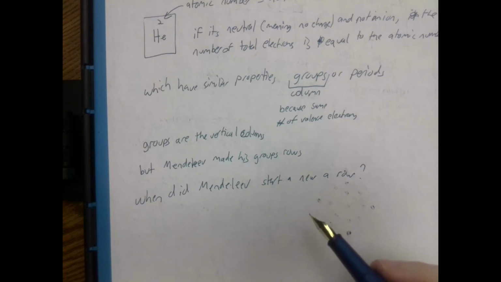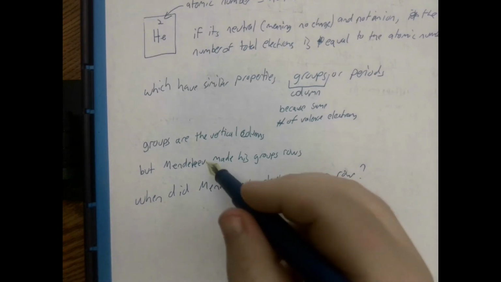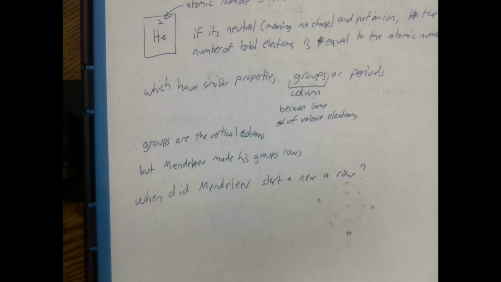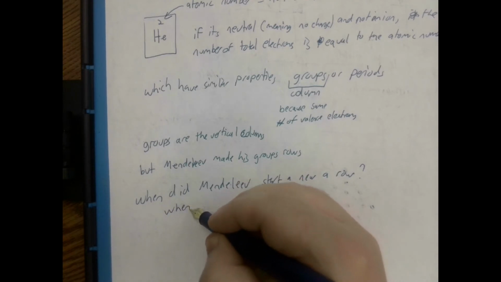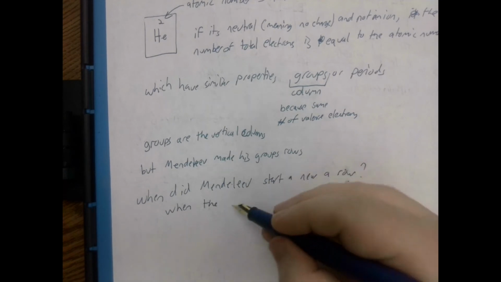When did he start a new row? When did he create a new group? When the elements did what? He did it when the properties begin to repeat.